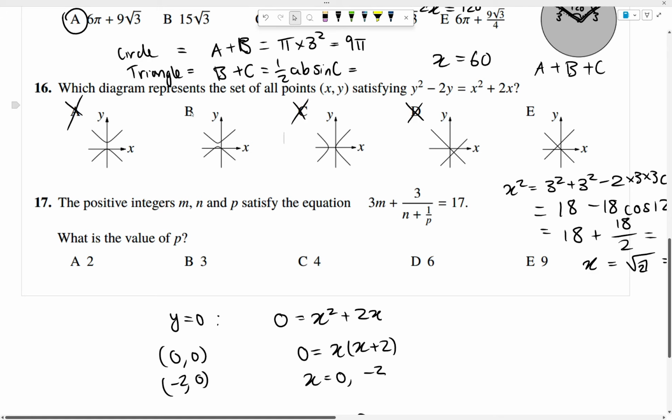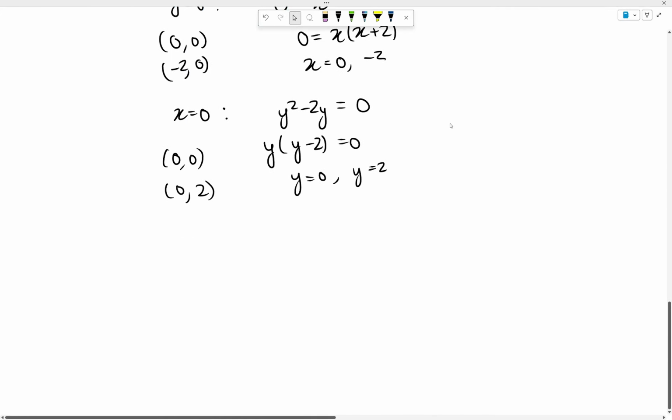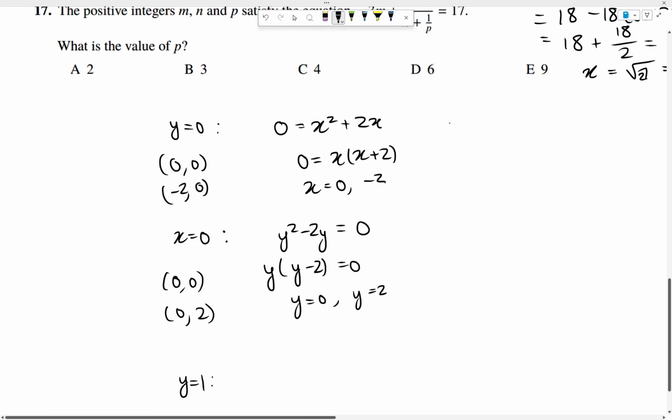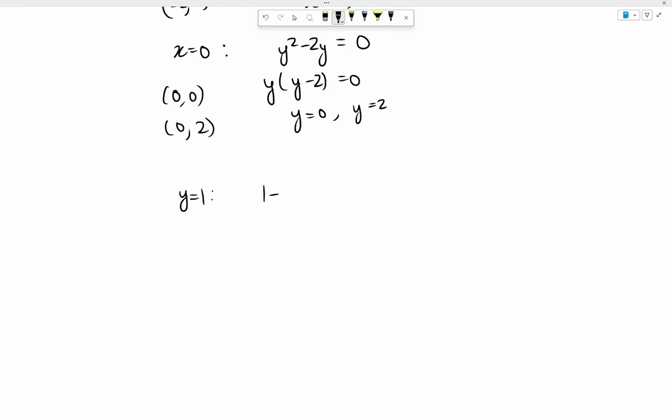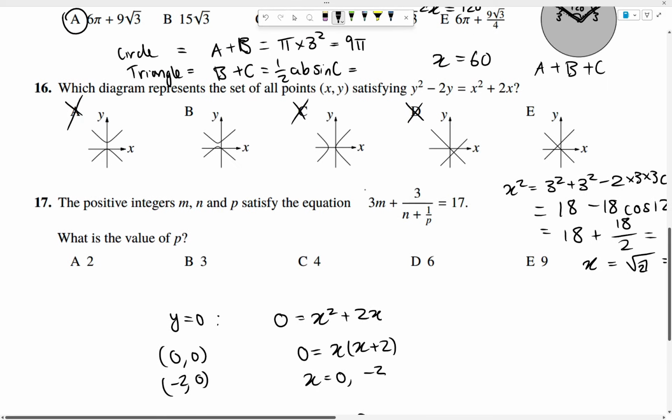So I'm going to just try and look at the differences between B and E. I'm going to notice that on graph E, it appears that the graph is going through something around minus 1, 1. So I'm going to see what happens when I plug in y equals 1. And that gives 1 minus 2 is equal to x squared plus 2x.